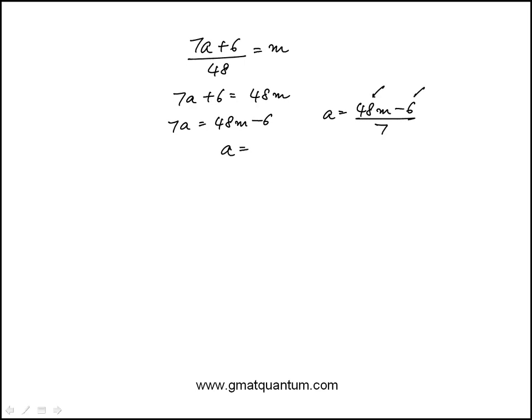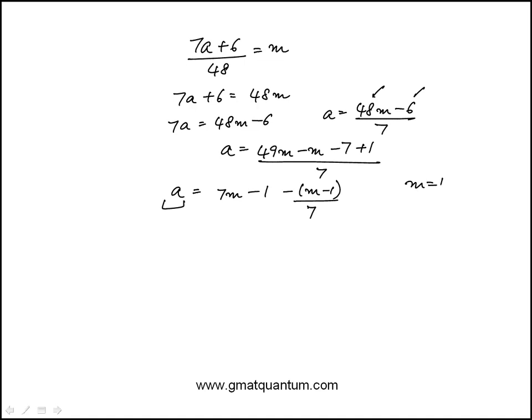Again, make these numbers the nearest multiple of 7. So 49M minus M minus 7 plus 1 over 7. I know this is kind of a lot of work, but I don't know how else to do this systematically. So again, I need a value of M for which A is an integer.